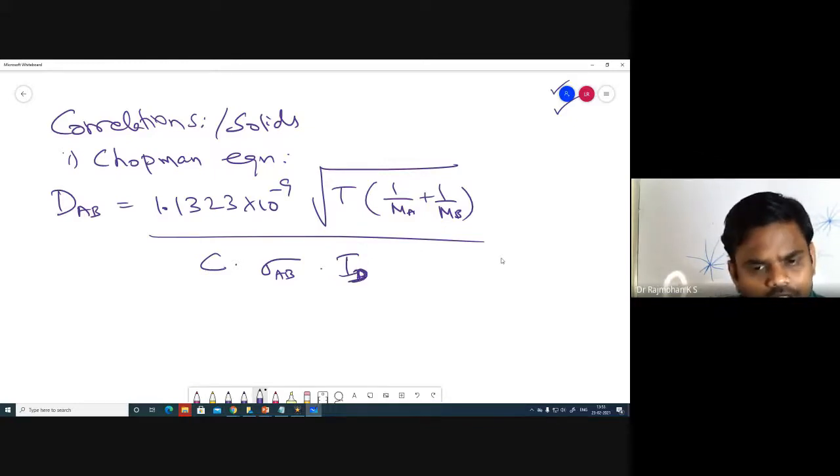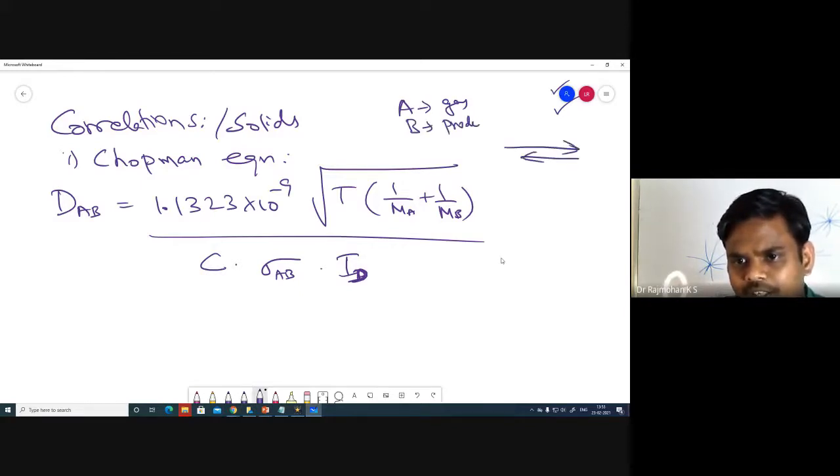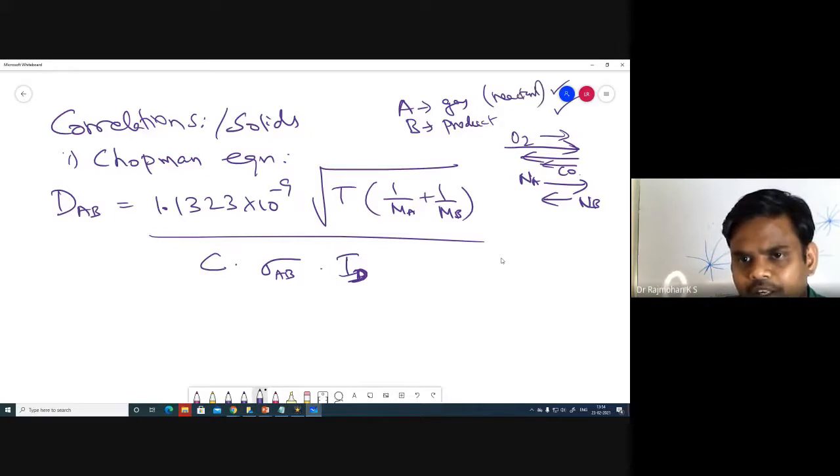MA and MB: if A is the gas and B is the product, means usually reactant versus product we are going to have, right? For example, oxygen is going in and carbon monoxide is coming in the opposite direction, so it is going to be A and B. Diffusion of A is going in this direction, and diffusion of B is going in the opposite direction, where A is the reactant and B is the product gas.